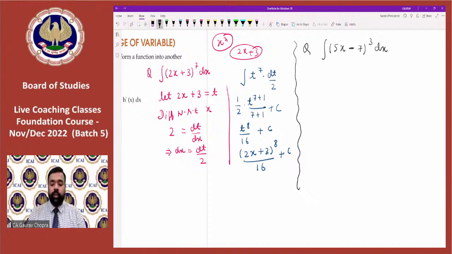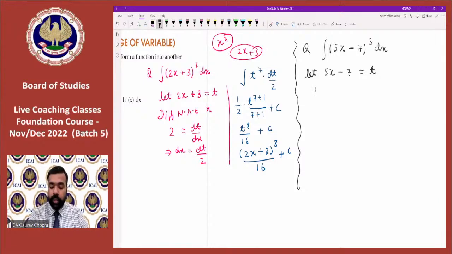If we apply the same thing once again, let 5x minus 7 equal t. This is the first step.